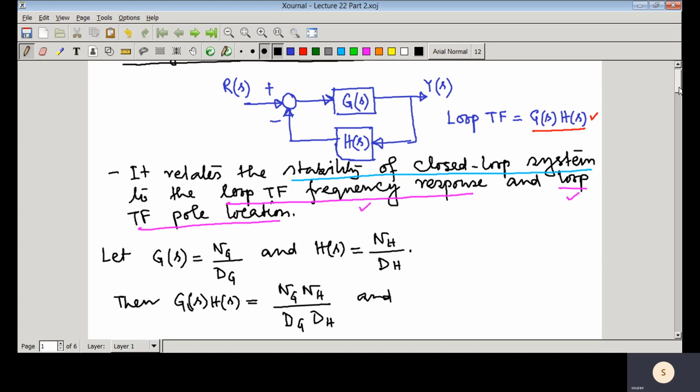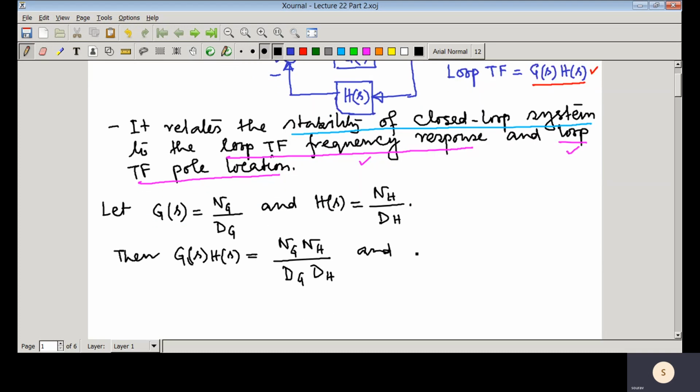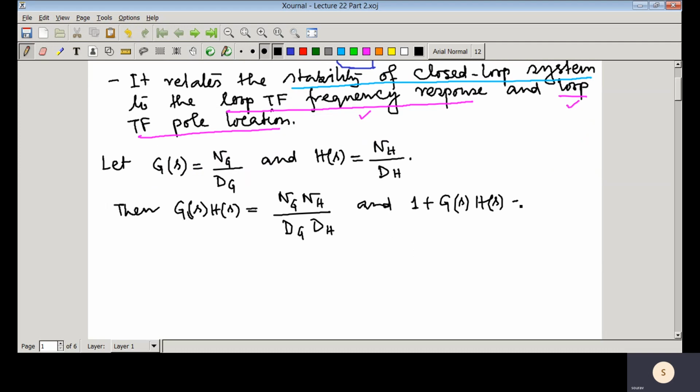That is 1 plus G(s)H(s). If we replace G(s)H(s) with NG NH by DG DH, we get DG DH plus NG NH, divided by DG DH.